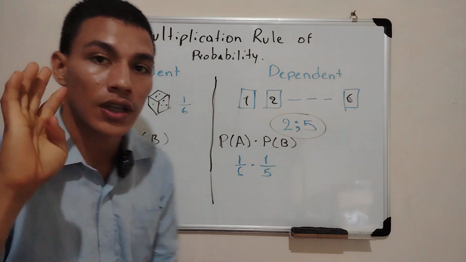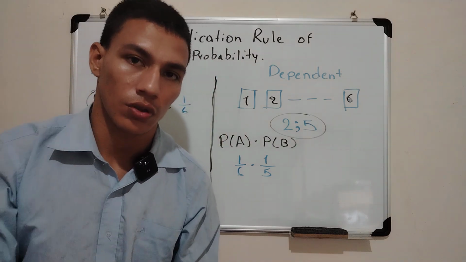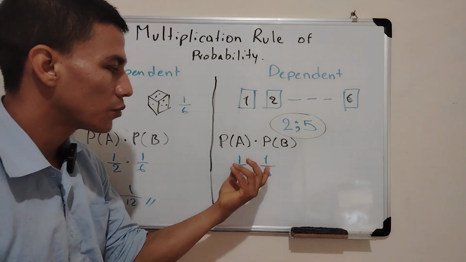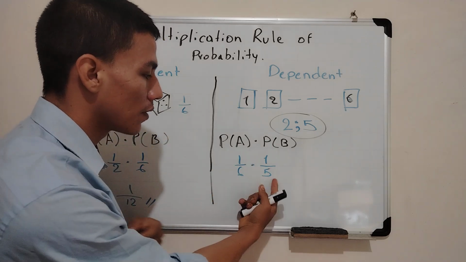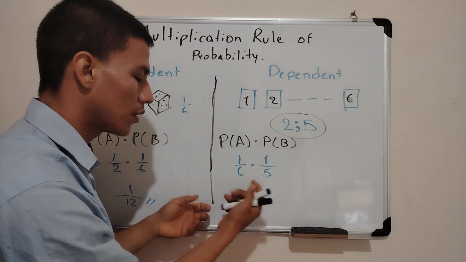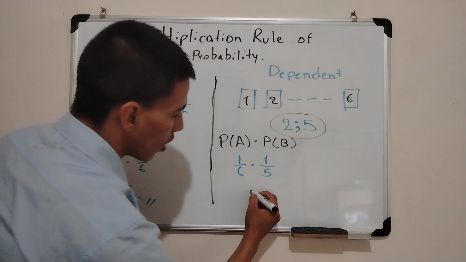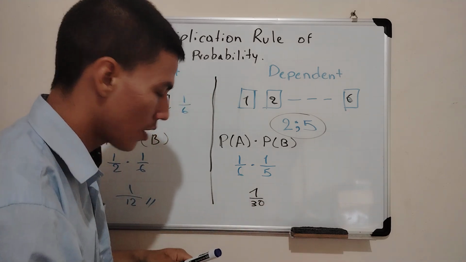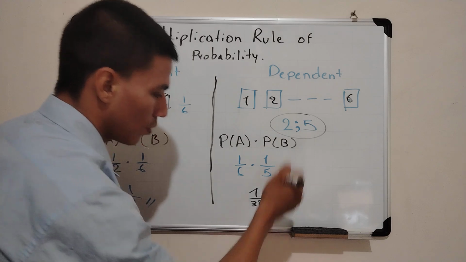In that case, you get just 5 possible outcomes. So 1 times 1 equals 1. 6 times 5 equals 30. So that will be 1/30. That will be the result.